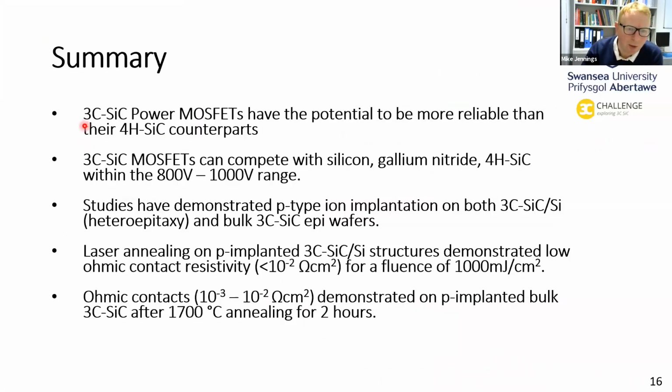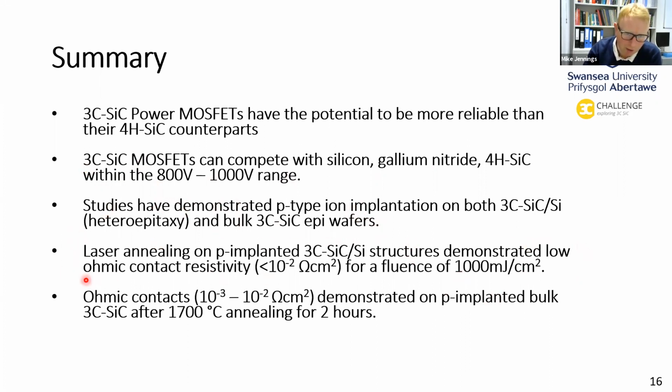So in summary, cubic silicon carbide has the potential to be much more reliable, especially the MOS system, than 4H silicon carbide, that's for sure. We think that the voltage range will fall between 800 volts and 1000 volts for this material. We've shown that we've managed to activate P-type acceptors using ion implantation in cubic silicon carbide epi wafers, heteroepitaxy in this case.